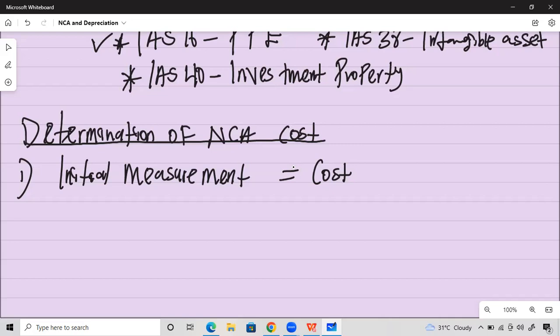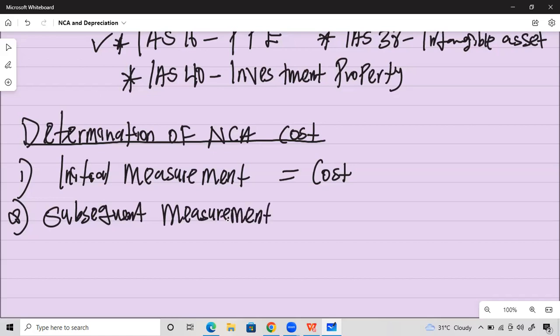The next one, we now have another one called subsequent measurement. Let me tell you something.